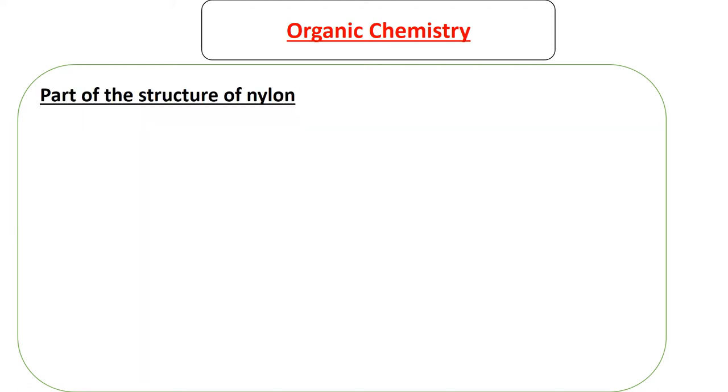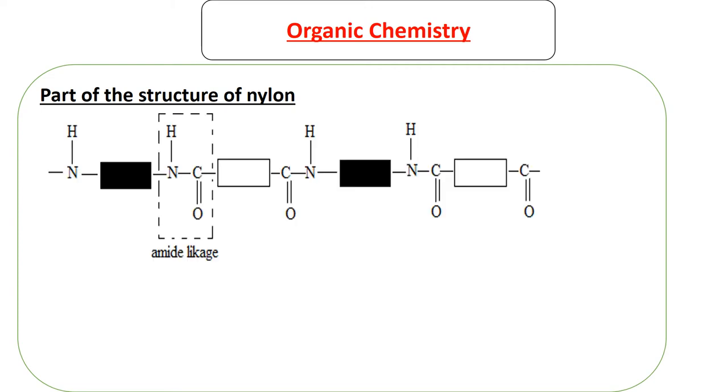So now we're going to view just a portion of the entire nylon. We can't view all of it because it is made of too many monomers that we cannot display here. So this is nylon. Like I said, this is the amide linkage.